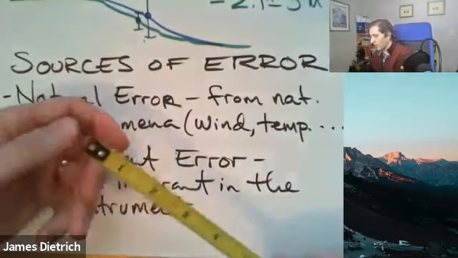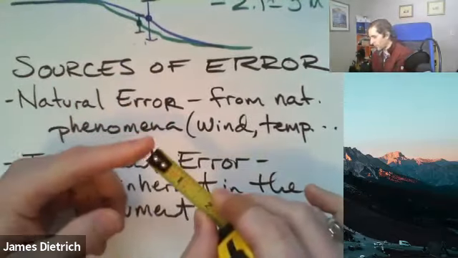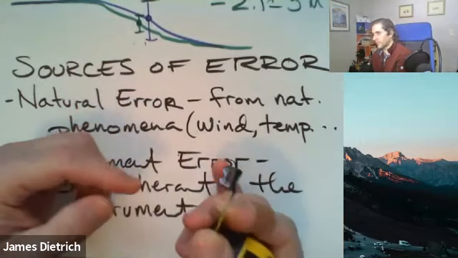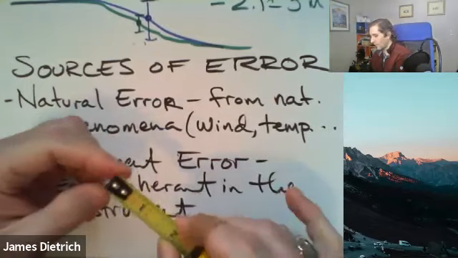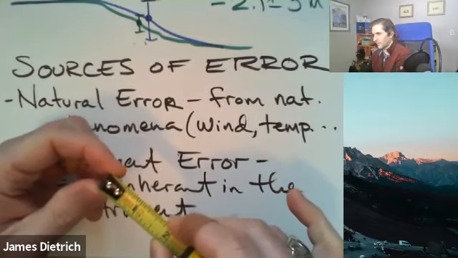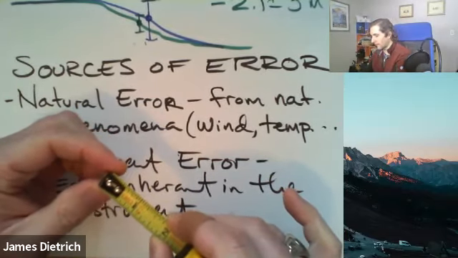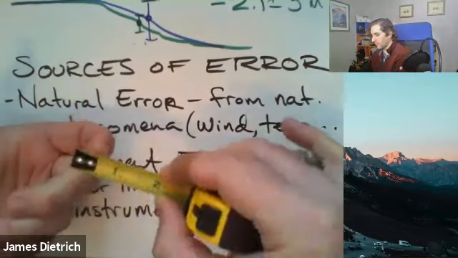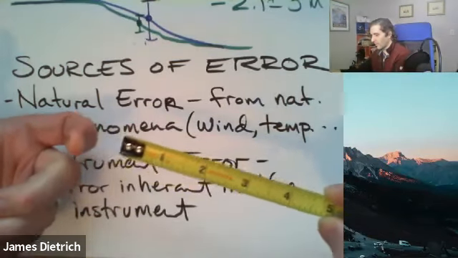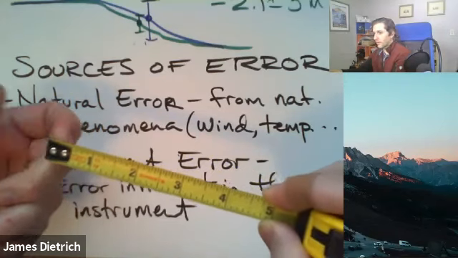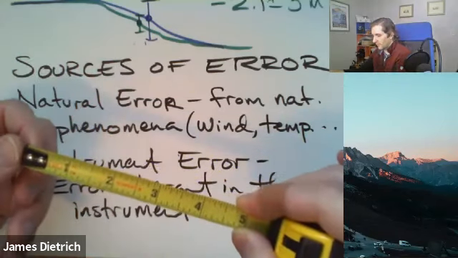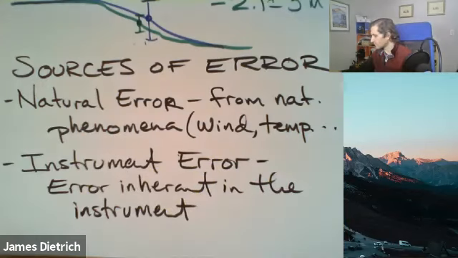I don't know if anybody's ever noticed, but the little tab on the end of your tape measure actually moves a little bit. That's part of the design, but that little bit of movement when you hook onto something or push it up against something is a source of error that's built into the instrument.